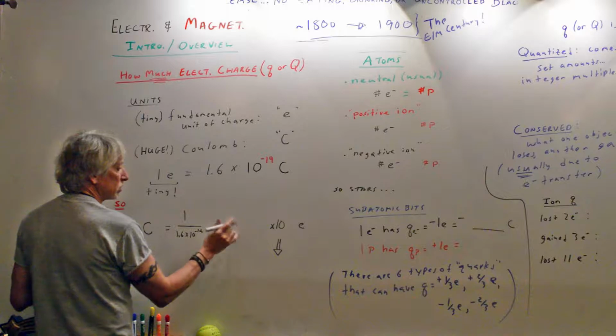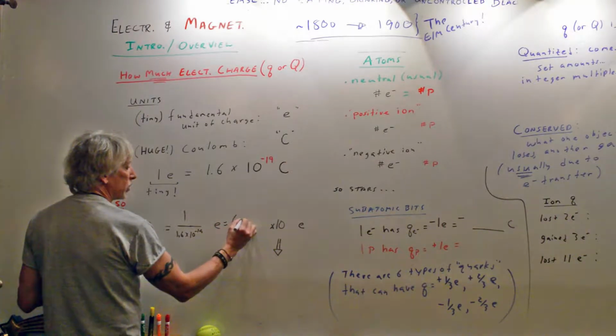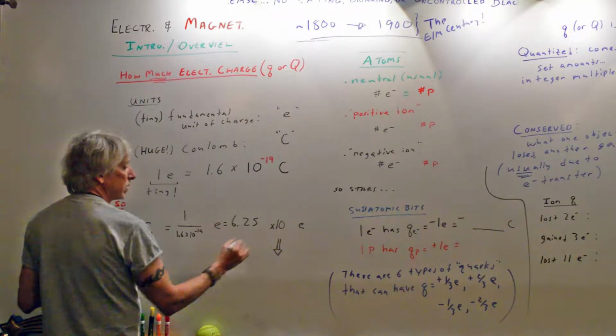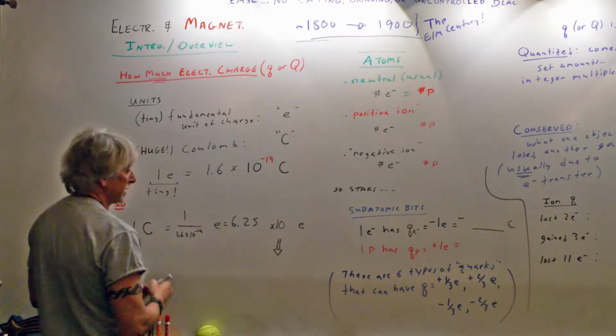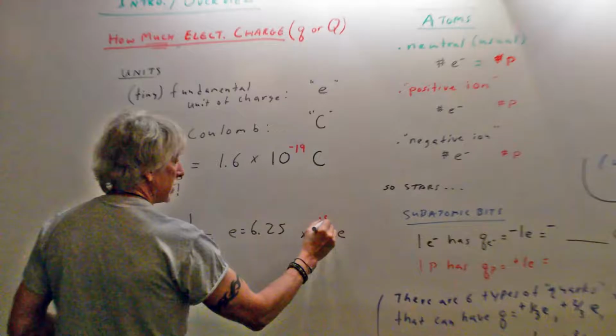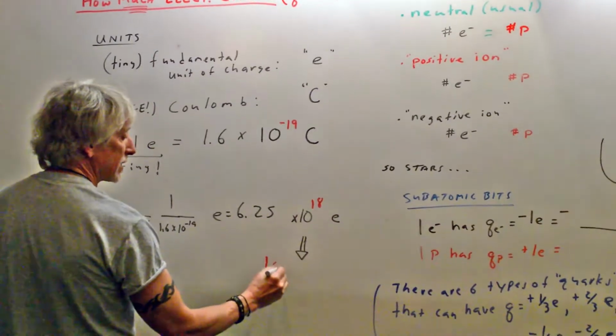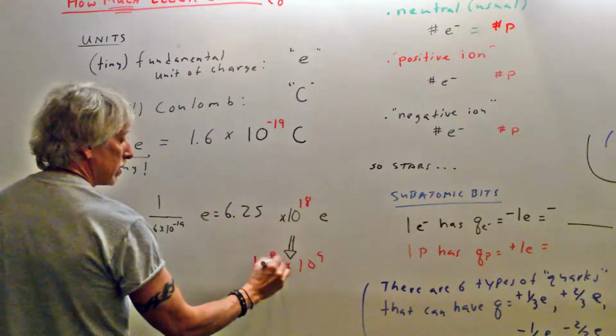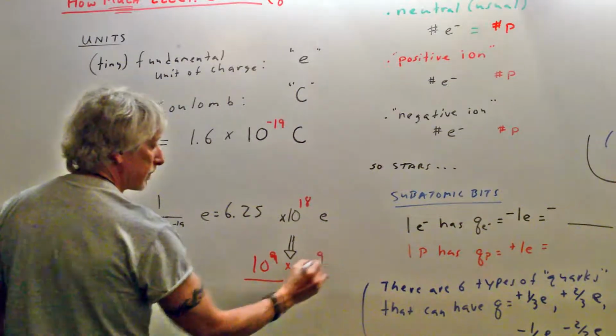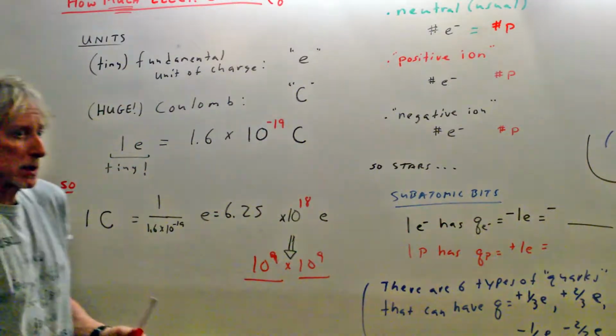And what that gives you is 6.25 times 10 to the 18. That's 10 to the 9 times 10 to the 9, or a billion billion. So that's a lot.